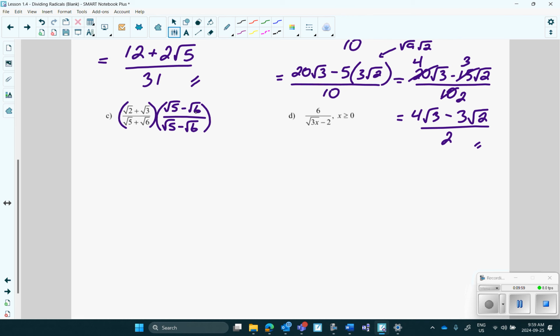So I got 4 multiplications up top, I've got 4 on the bottom. Root 2 times root 5 gives me root 10. Root 2 times minus root 6 gives me minus root 12. Root 3 times root 5 gives me plus root 15. And root 3 times minus root 6 gives me minus root 18.